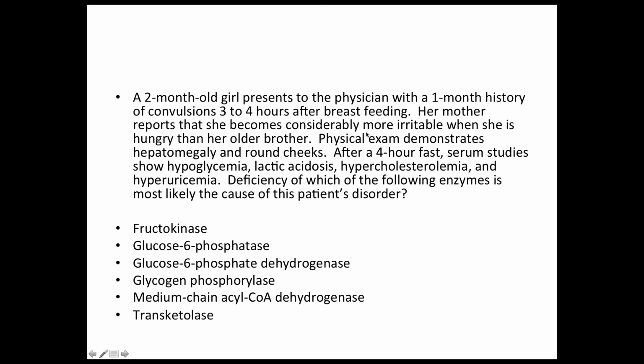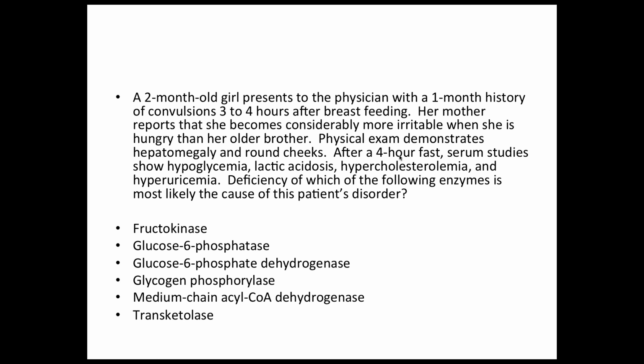Okay. So after a 4-hour fast, serum studies demonstrate hypoglycemia, lactic acidosis, hypercholesterolemia, and hyperuricemia. So we'll have someone explain a couple of these together. MJ, why would you have hypoglycemia and lactic acidosis?